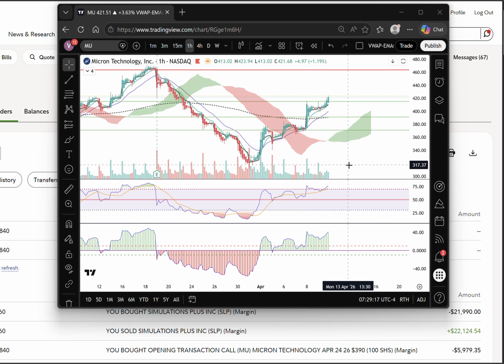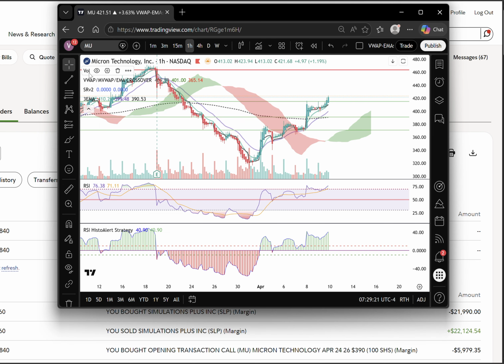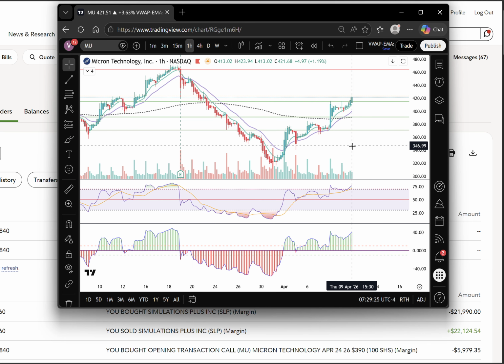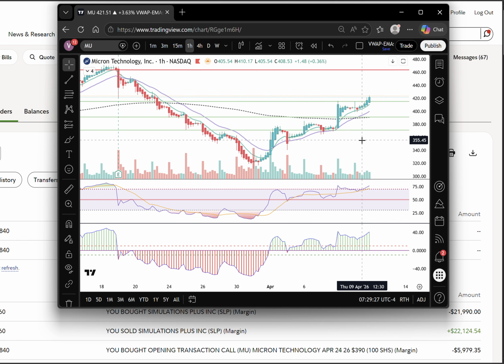So let me share how my setup is generally. So let me make it plainer first. So these are two lines that you see, green and purplish. These are my EMA lines.